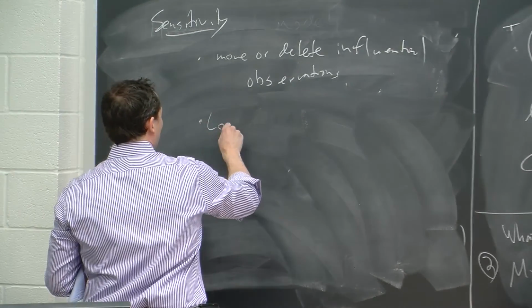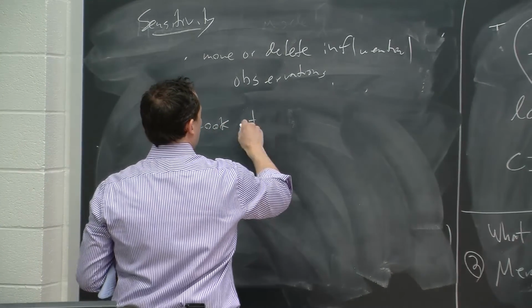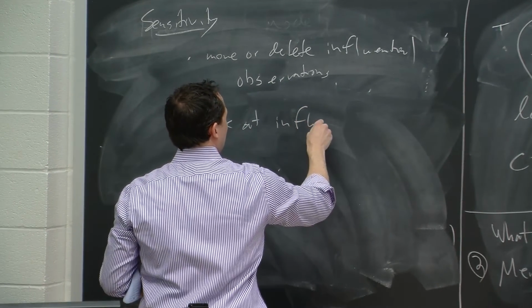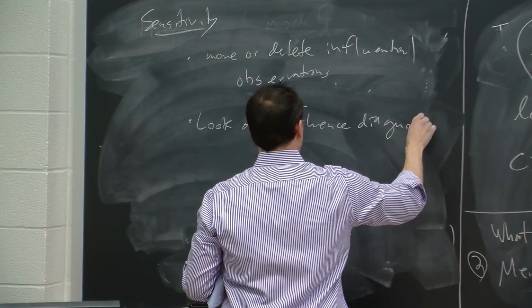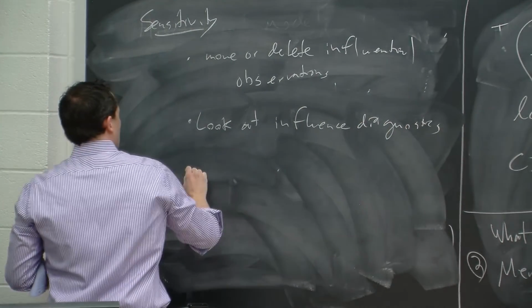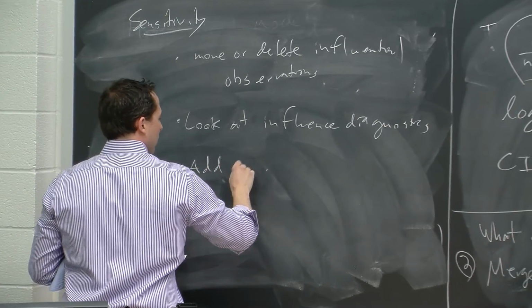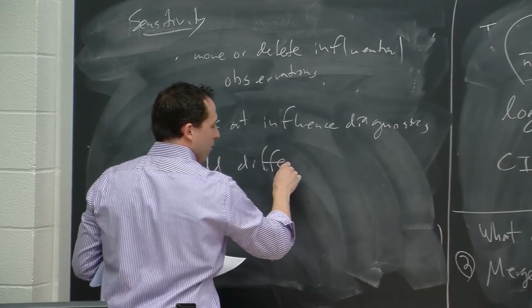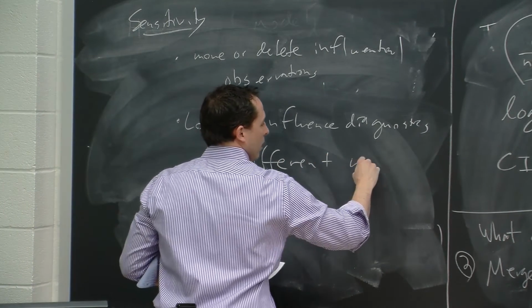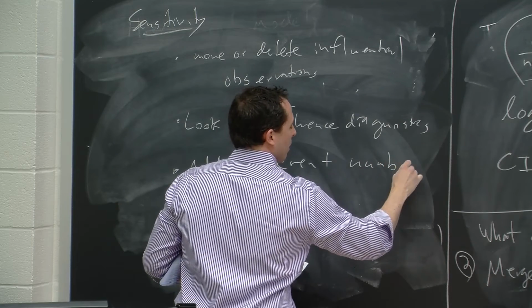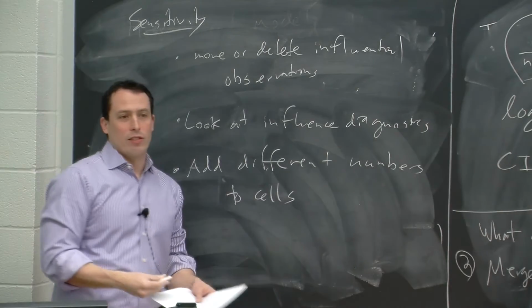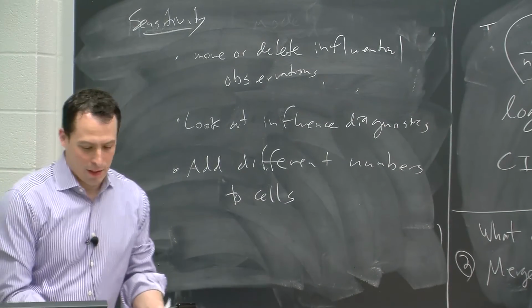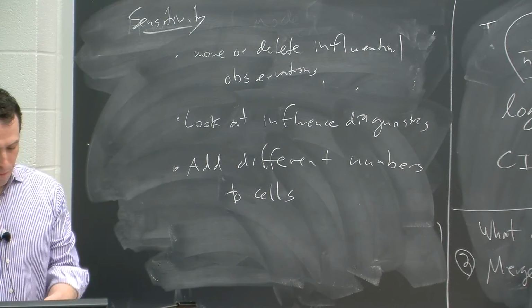You can look at the influence diagnostics, this leverage type of idea. And try adding different ad hoc numbers. Try adding a half, try adding 10 to the minus 10. Do your inferences change a lot, or do they stay more or less the same?